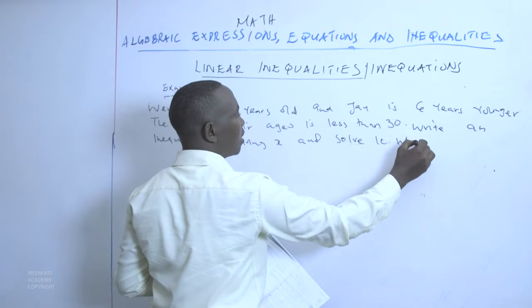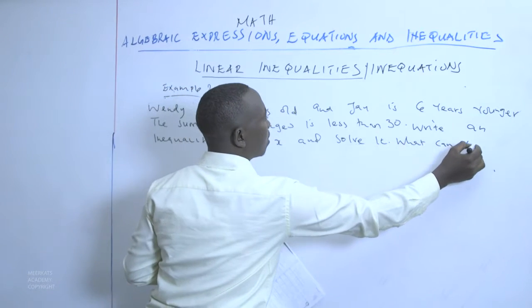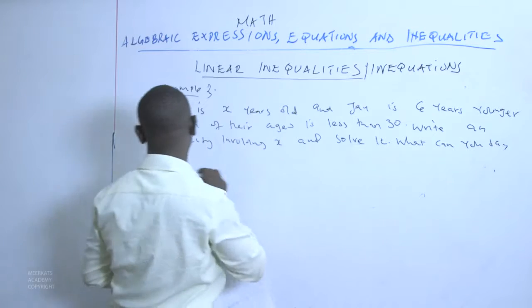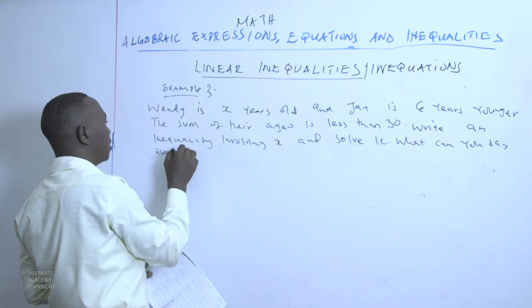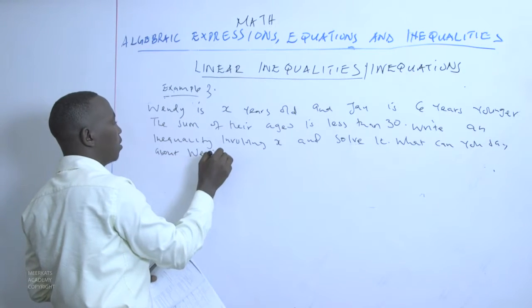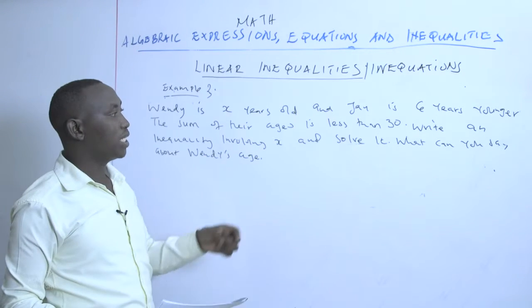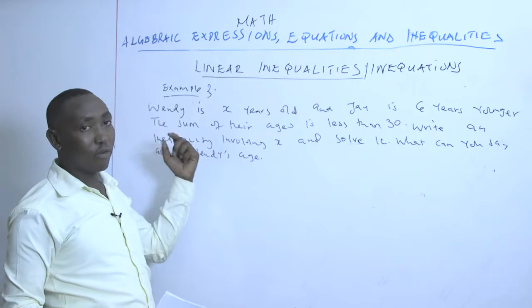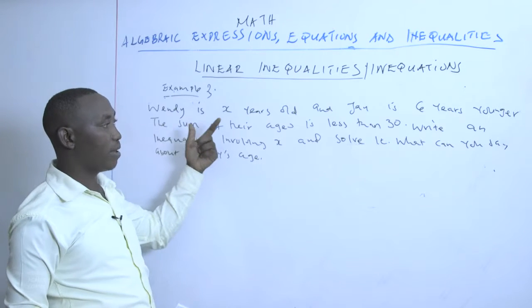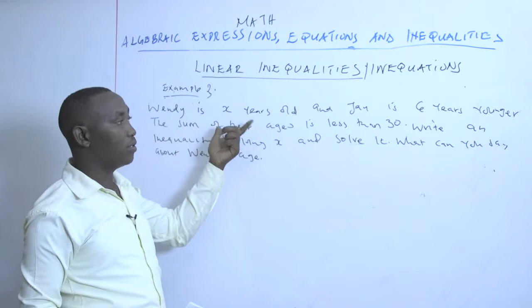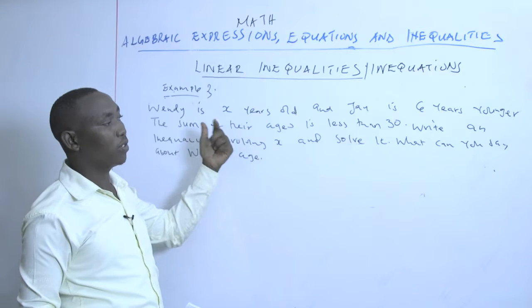What can you say about Wendy's age? Now this particular question has got two parts. One is the formation of the inequality, using the inequality to form a statement, then we solve it.